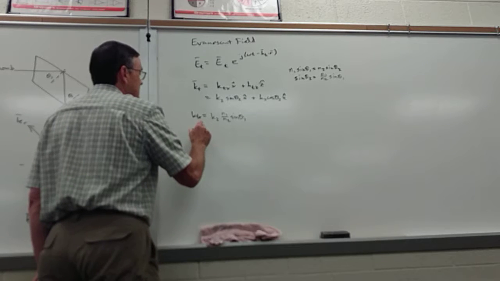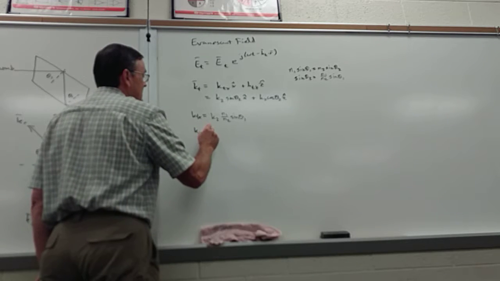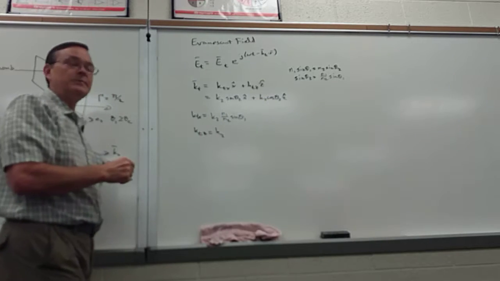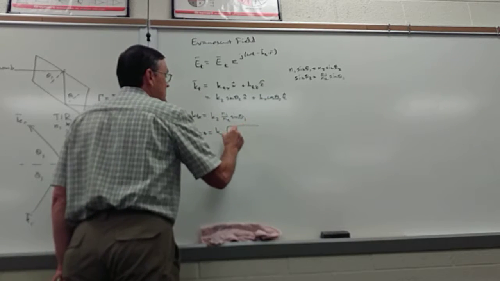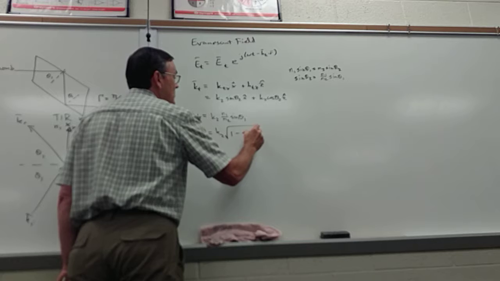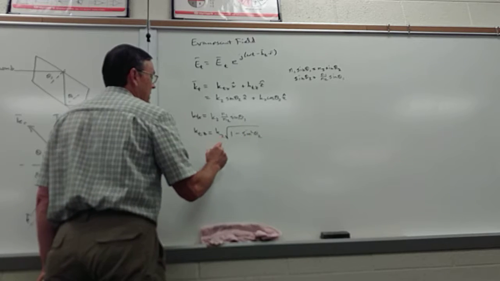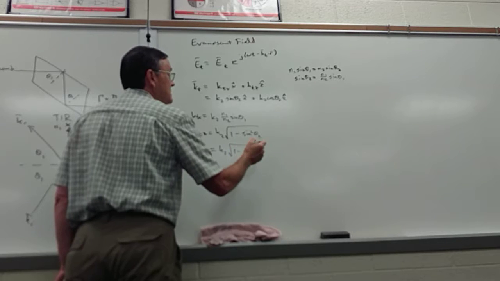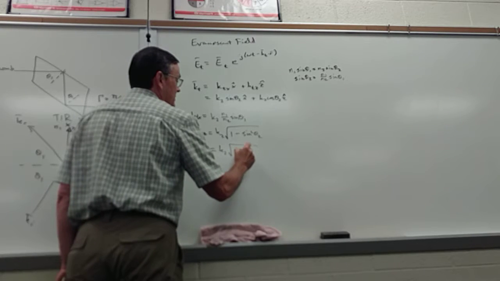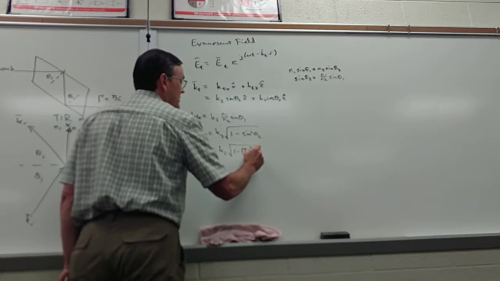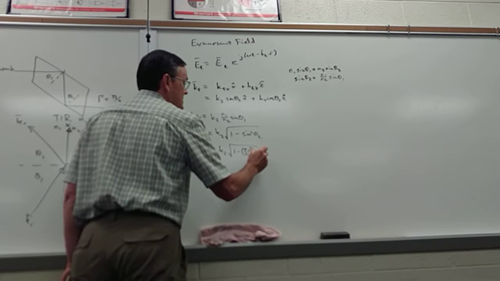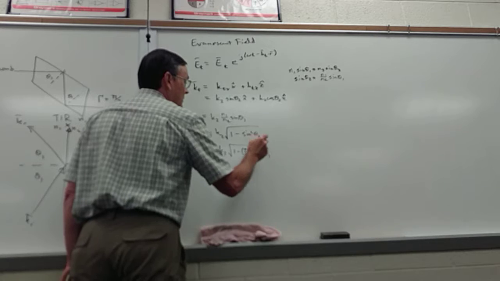And similarly, ktz is k2 cosine of theta 2, but I can write that as the square root of 1 minus sine squared of theta 2. And now I can play the same game. k2 times the square root of 1 minus, and then I substitute in (n1 over n2) squared sine squared theta 1.